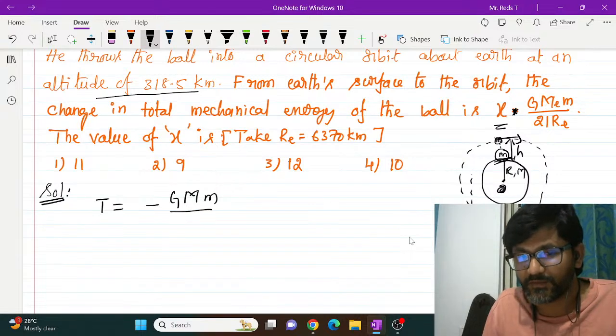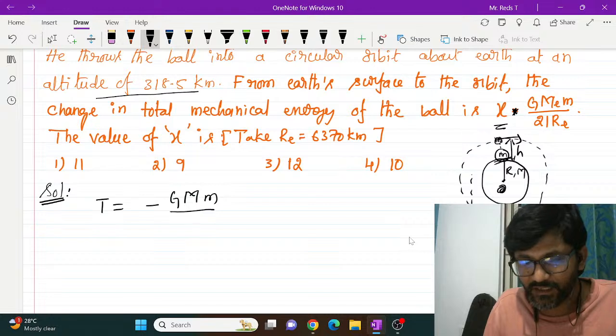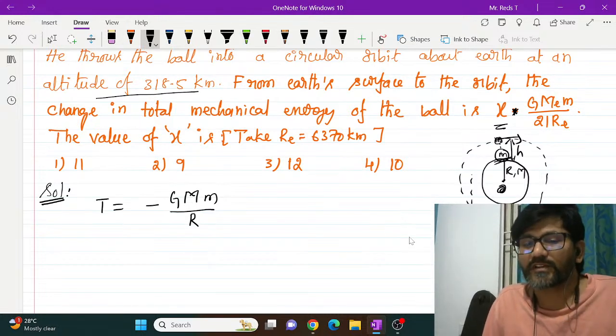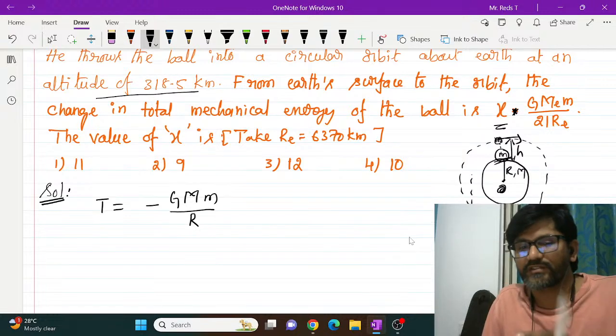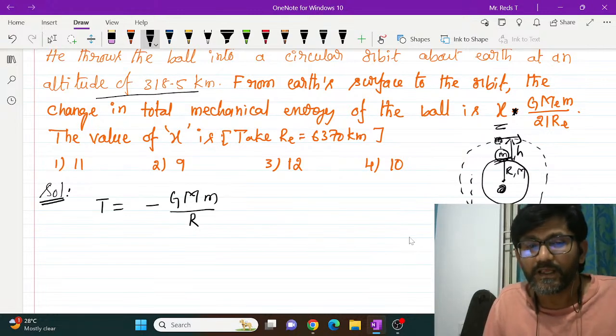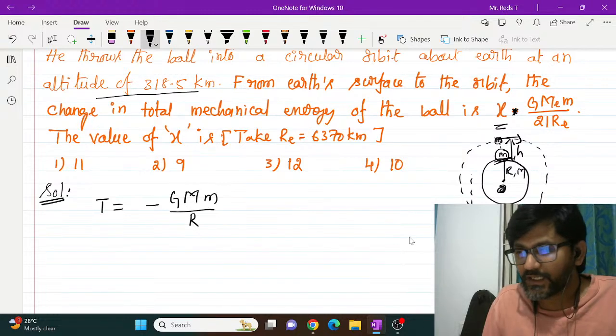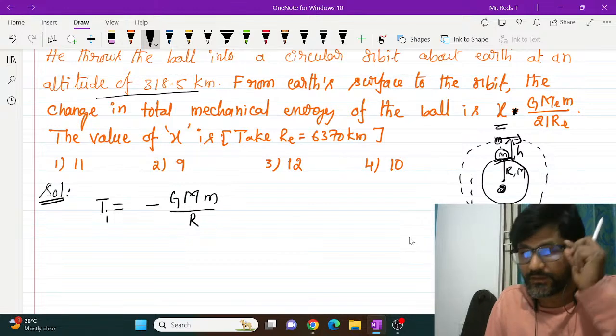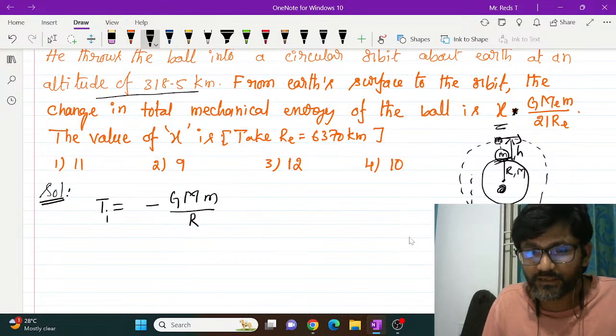R is the distance from the center; small r is equal to capital R in this particular case. So on the surface, we can take it as the initial total energy of the small body. This is equation 1.